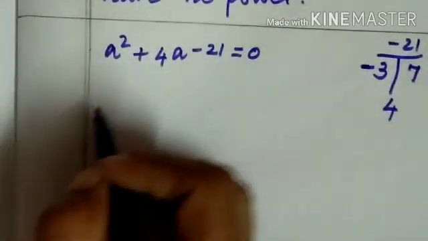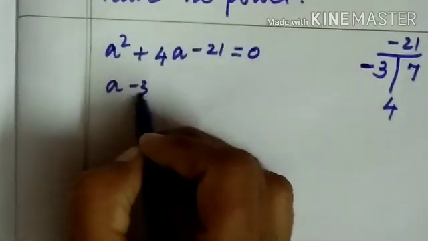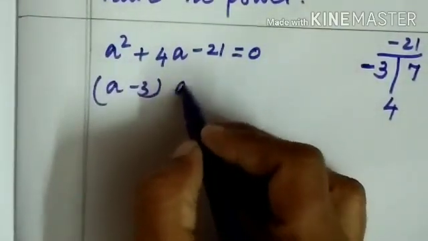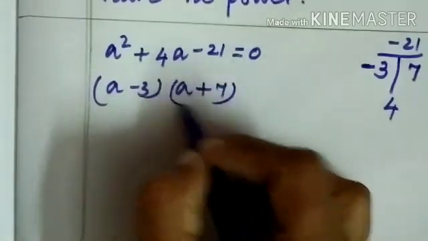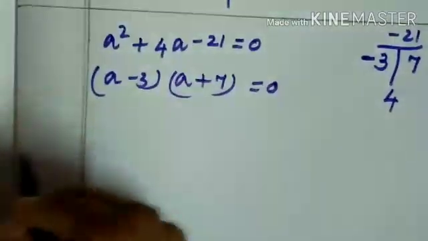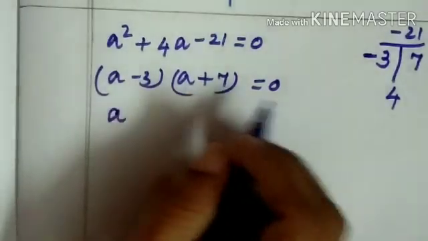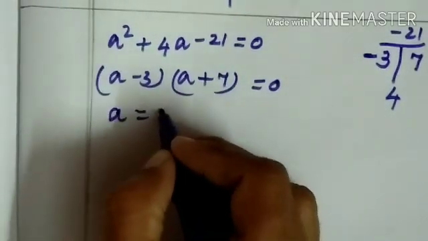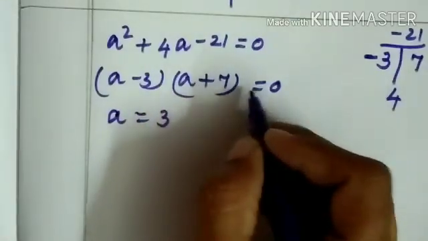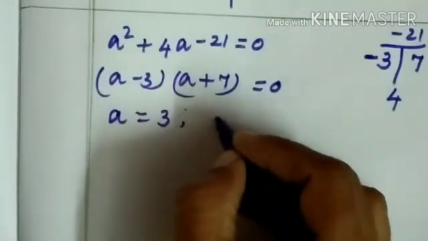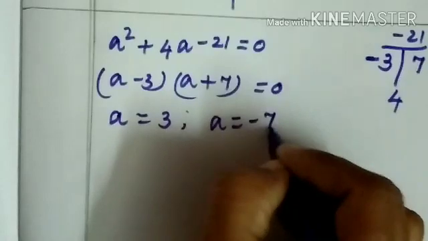Therefore, the factors are a minus 3 into a plus 7 is equal to 0. Therefore, the value of a: a minus 3 is equal to 0, that is a equal to plus 3, and a plus 7 is equal to 0, that is a is equal to minus 7.